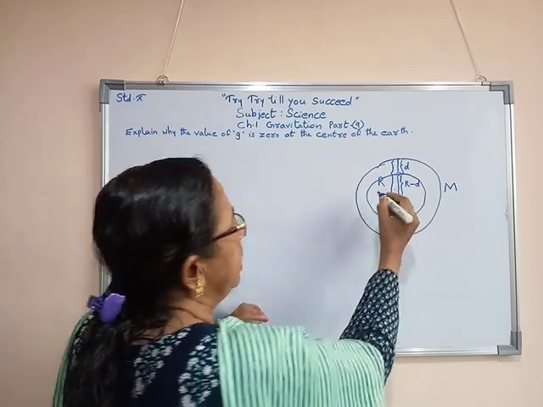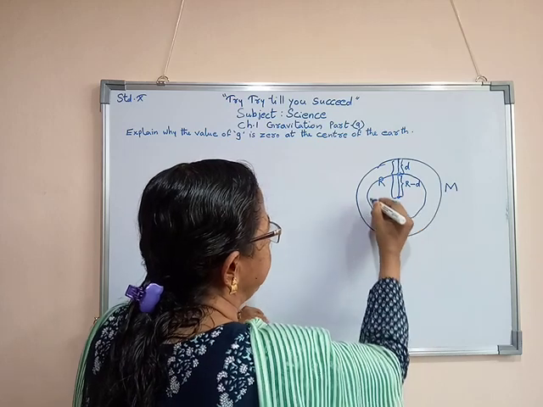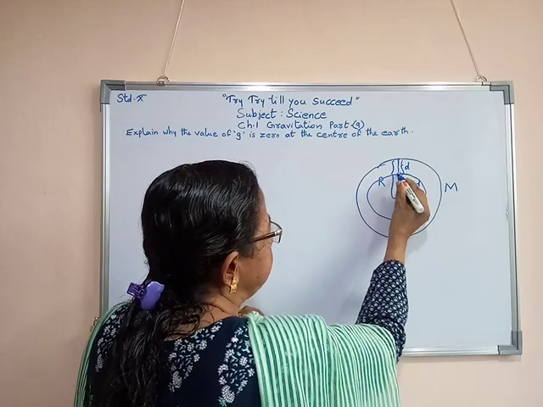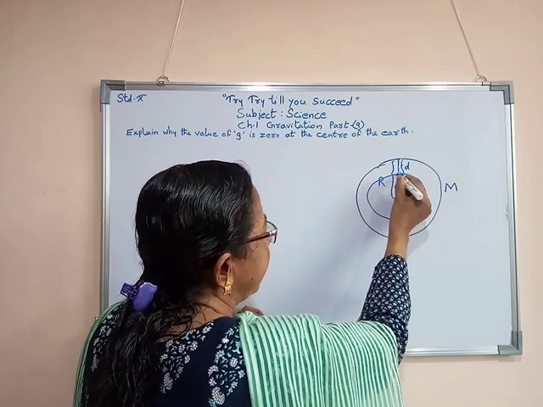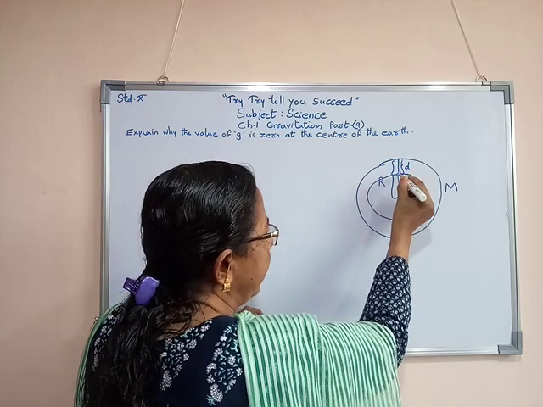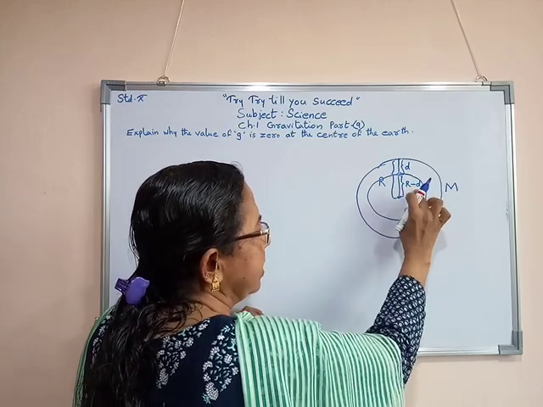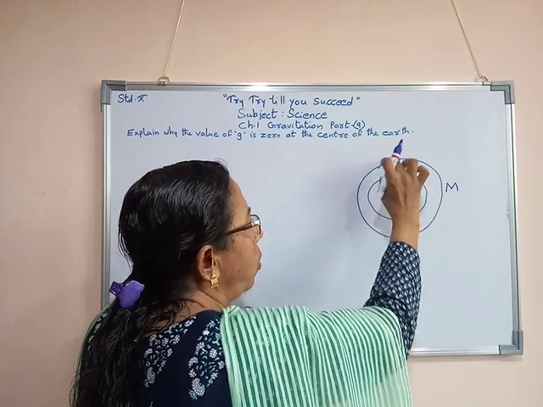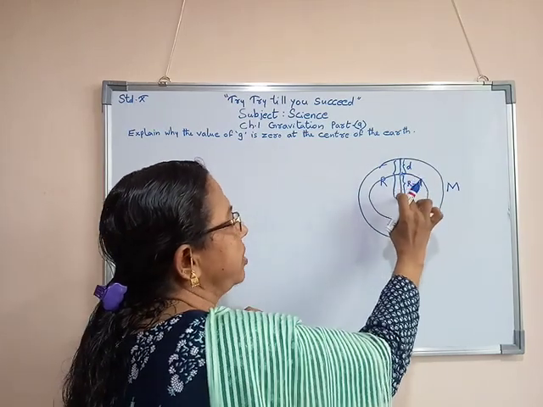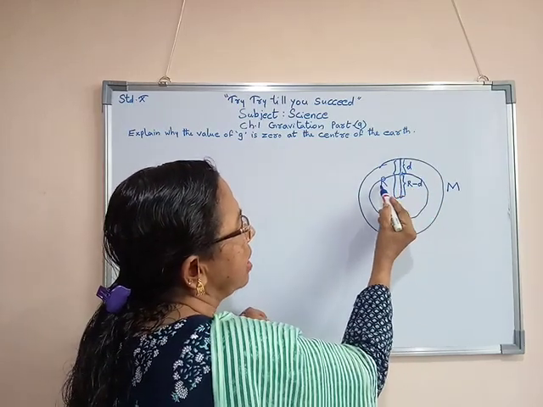Now here this sphere is there, the object is lying here, its radius, that means its distance from here till the center, is R minus d. Now the total radius of the earth is capital R.